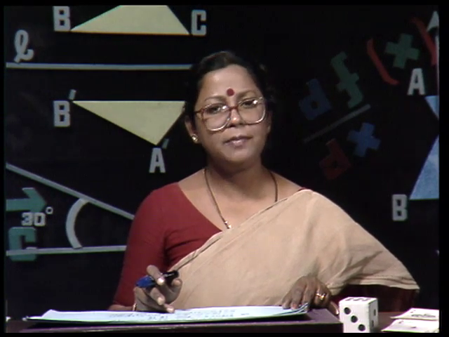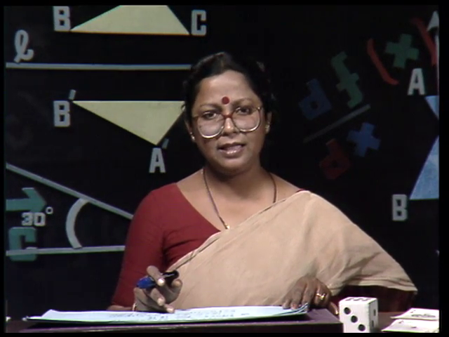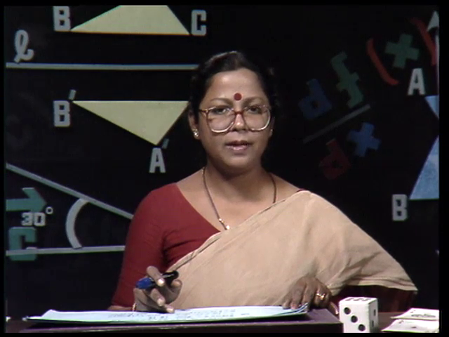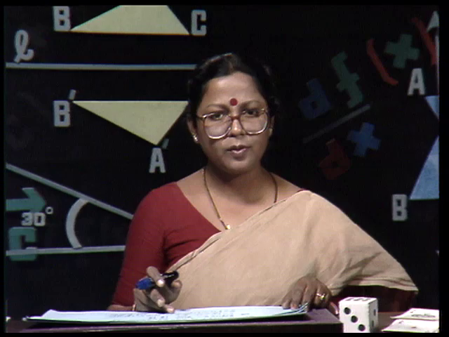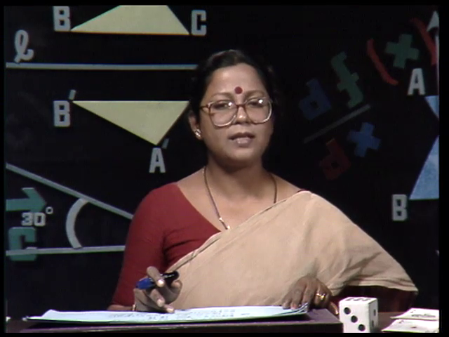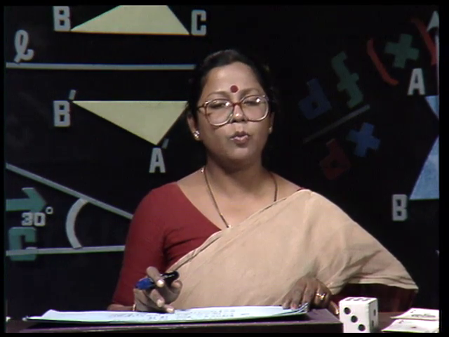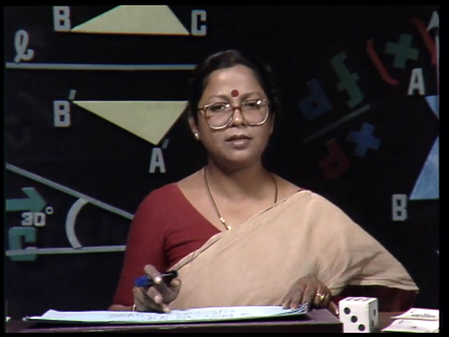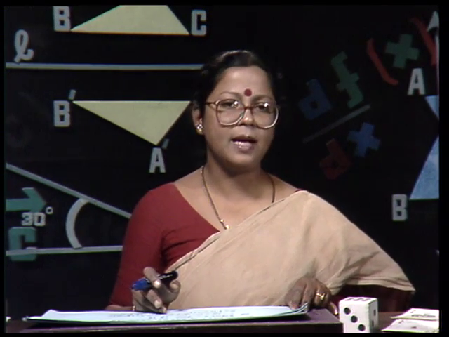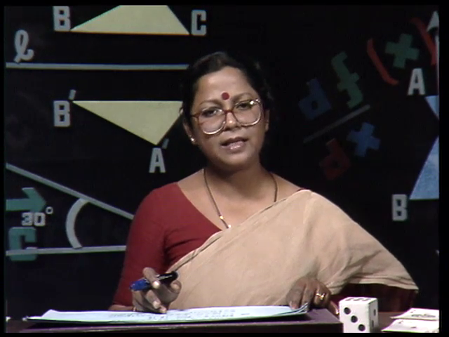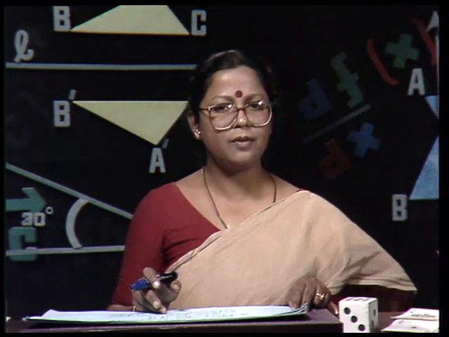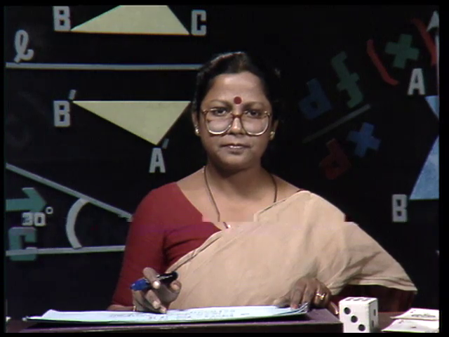get? The minimum sum which we can get is 1 plus 1 plus 1, that is equal to 3. We may also get 1 plus 2 plus 1 or 1 plus 3 plus 2 and so on. The maximum sum which we can get if we throw 3 dice is 6 plus 6 plus 6, that is equal to 18.